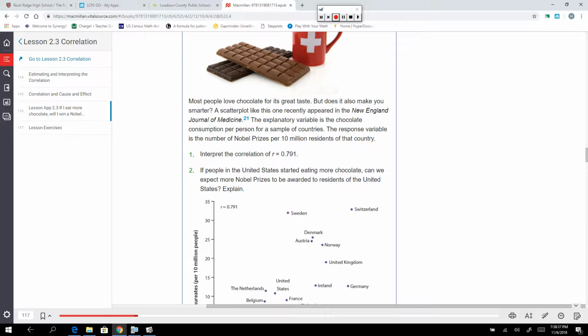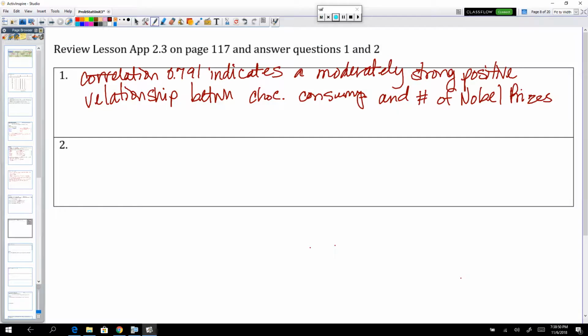If people in the US started eating more chocolate, can we expect more Nobel Prizes to be awarded to the residents of the United States? Why or why not? Now, your common sense is probably kicking in right here. Obviously, there's probably no correlation, right? Probably not.